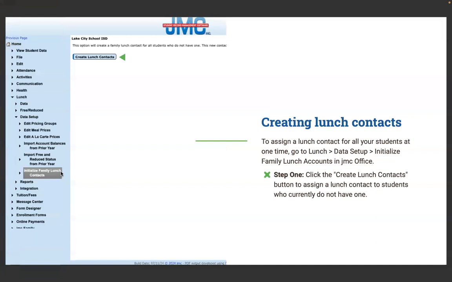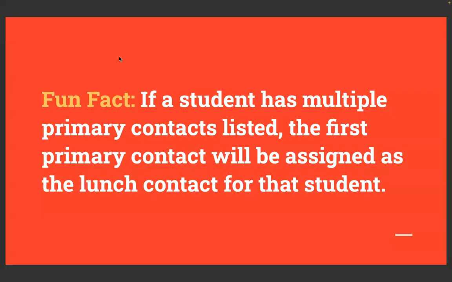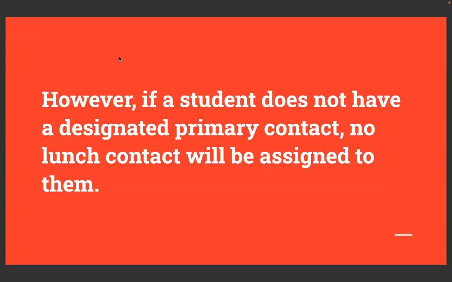Click the Create Lunch Contacts button to assign a lunch contact to students who currently do not have one. Step 2, click the OK button to create lunch contacts, or click the Cancel button to return to the previous page. Fun fact, if a student has multiple primary contacts listed, the first primary contact will be assigned as the lunch contact for that student.